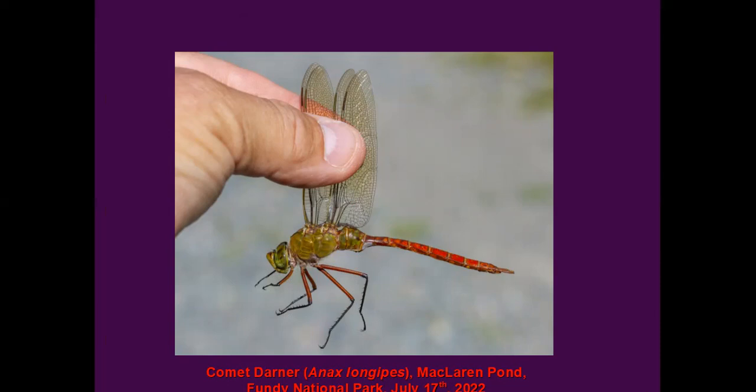But last summer during our bio blitz at Fundy National Park, we caught a comet darner at McLaren Pond, and you can see how large a dragonfly it is, and what a beautiful combination of colors, the red and the green together, almost like Christmassy colors. It is spreading north slowly and showing up more often in Maine, and it's now shown up twice in the Maritimes that we know of. It's probably elsewhere.